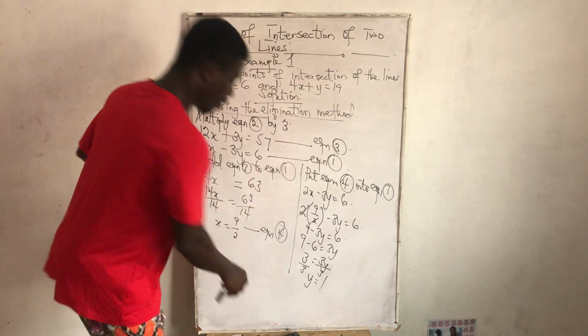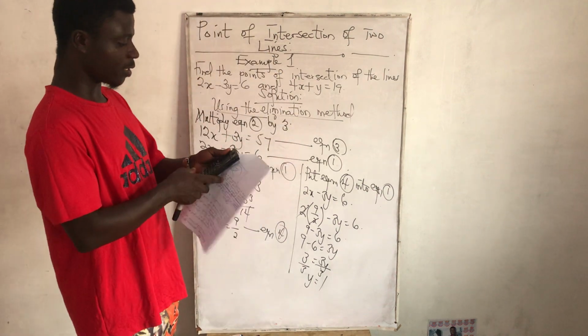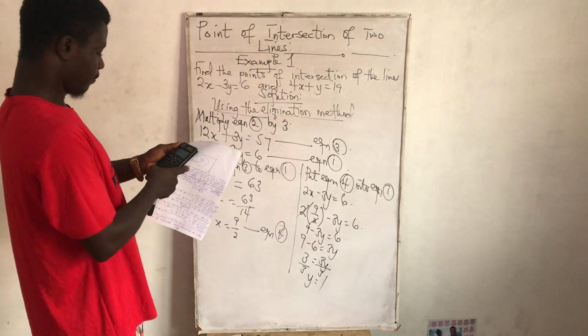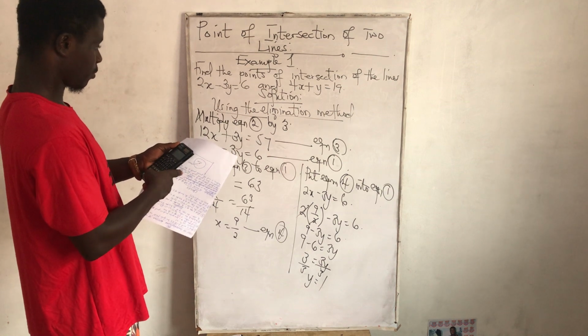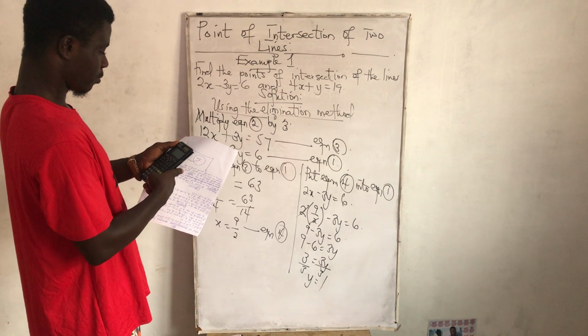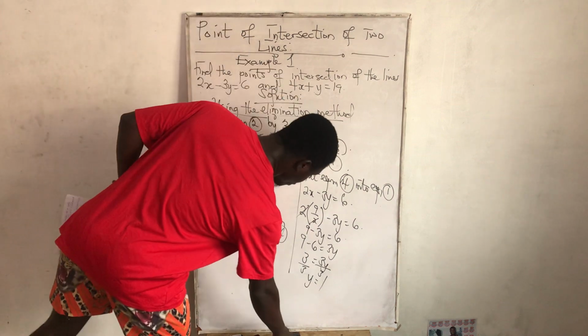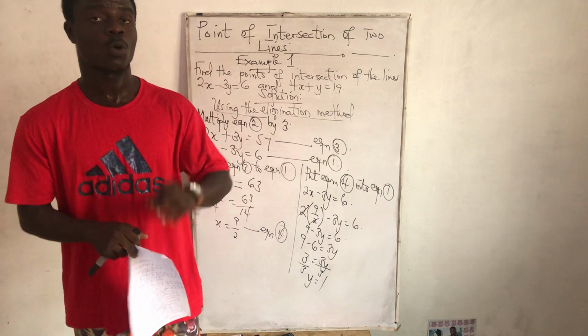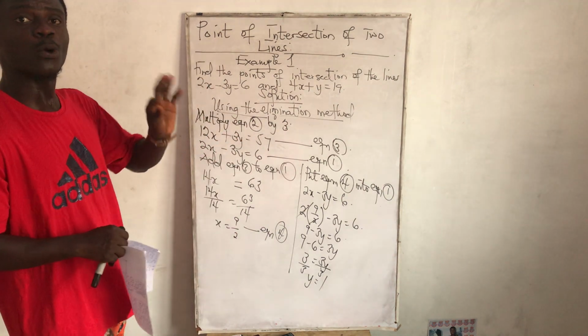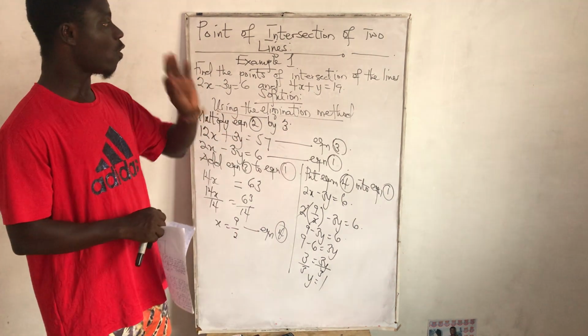Y equals 1. So now let's verify using our calculator. Alright, so that's correct. So we have x being equal to 9 on 2, then y being equal to 1. So now they said we should find the point of intersection of the lines.